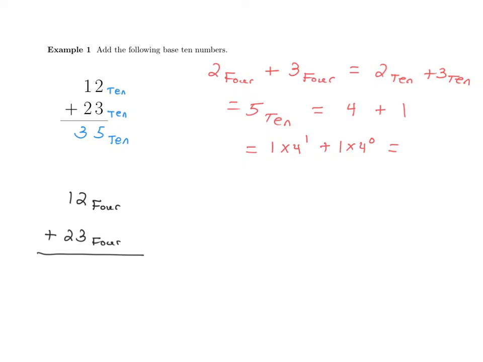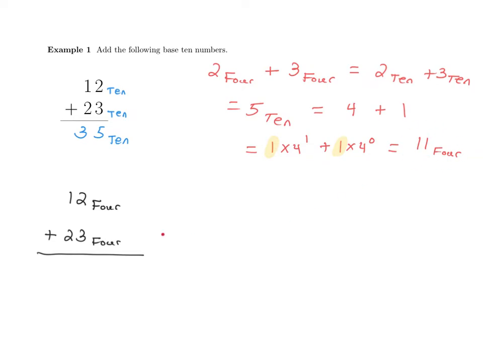You can use this digit here and this digit here. In fact, the answer is 1, 1 base 4. And that 1 and 1 come from this 1 and this 1 here. So it's a long way to go, but to add these, you can treat them as base 10 numbers and then convert that base 10 number to something back in base 4.